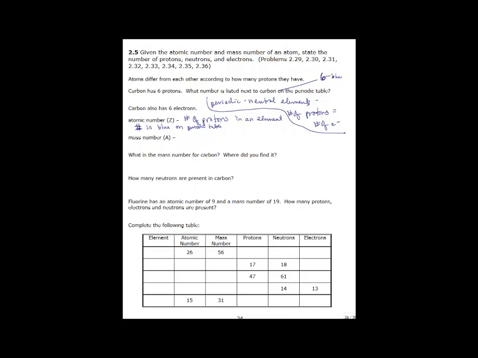Now, the 2 subatomic particles that had mass far greater than the other were the protons and the neutrons, while the electrons had a very negligible mass that we don't even count. So the mass number is the 2 subatomic particles that contribute to the mass. So this is the sum of the protons and neutrons.